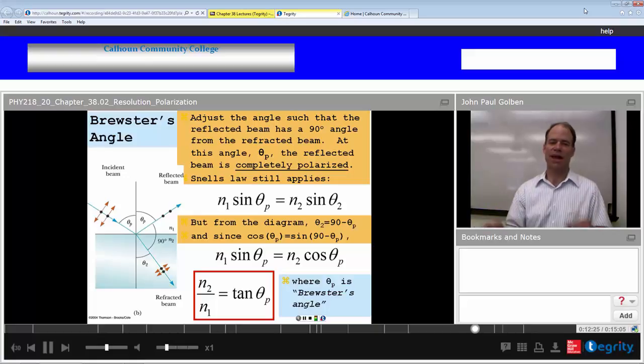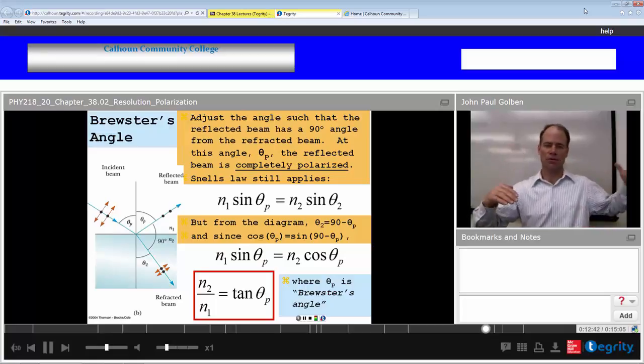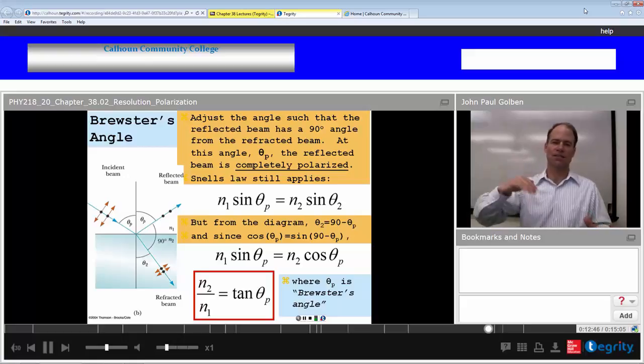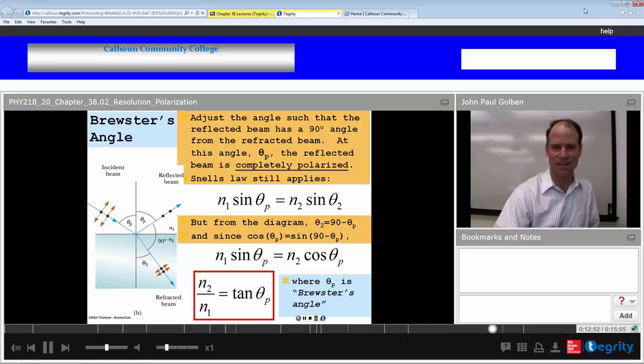If we're going from air to, say, glass, air being an index of refraction of 1, then the index of refraction of that material, N2, would equal the tangent of the polarizing angle. So if we change our angle to the point where the reflected beam is totally polarized, then the tangent of that angle would be equal to the index of refraction of the material, and that's one way to determine the index of refraction of a material. Kind of neat.